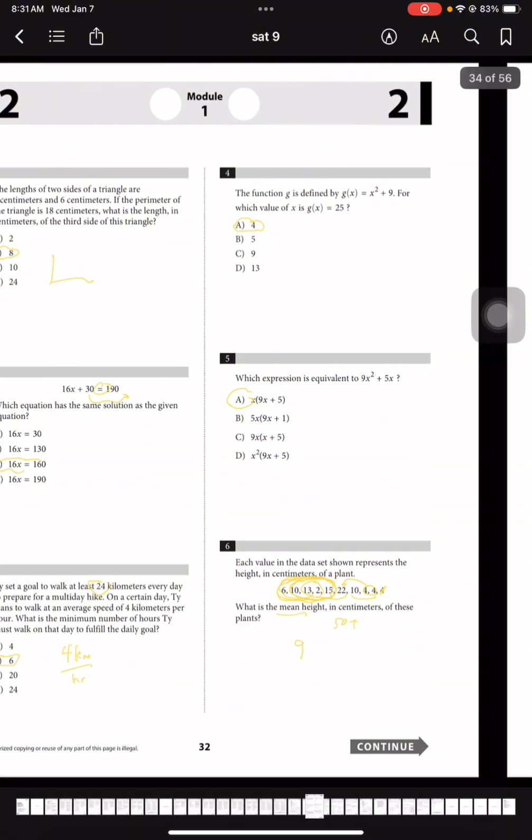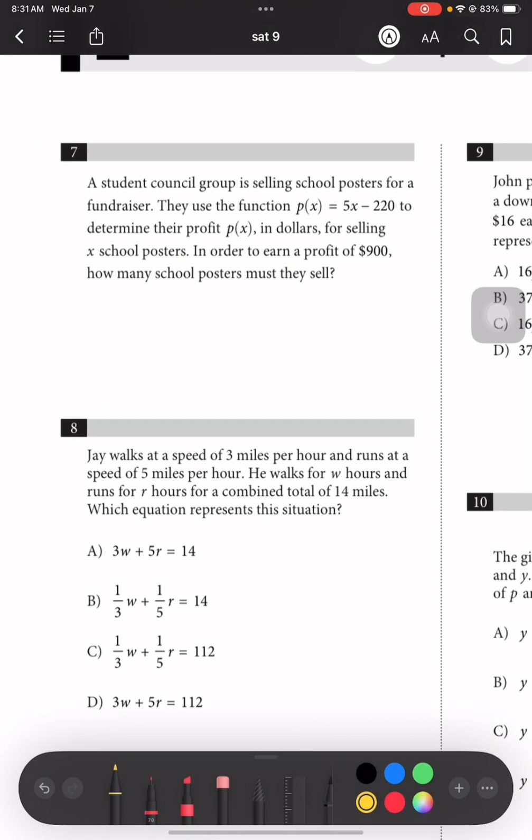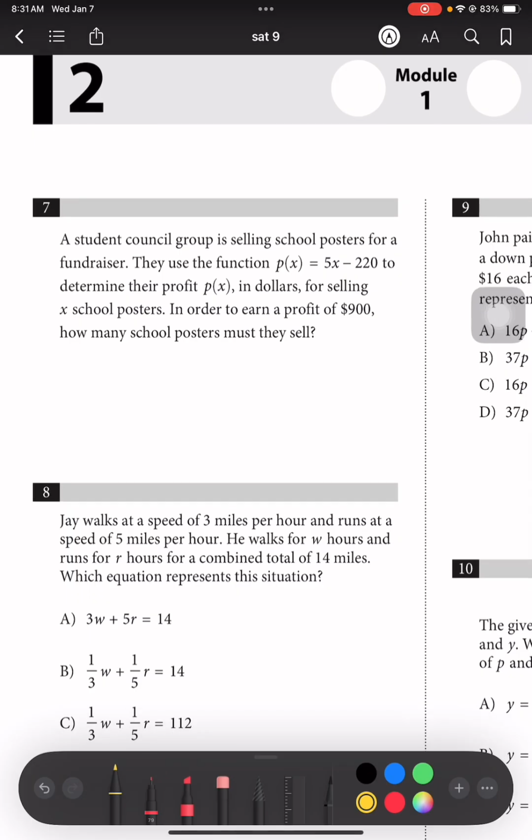Next page. Selling school posters. In order to earn a profit of 900, how many posters must they sell? Alright, let's just plug it in. Substitute in what they give you. Put the 220 on the side.